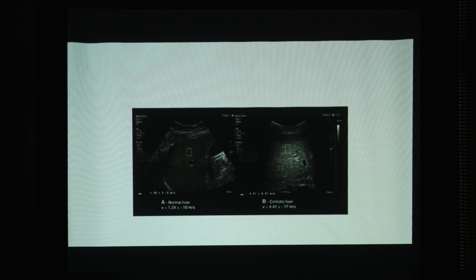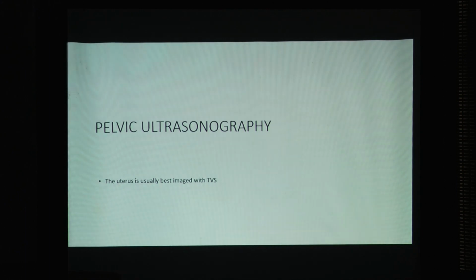So one is an almost normal liver, the values are given. The other side is a cirrhotic liver with velocity. Then pelvic sonography.